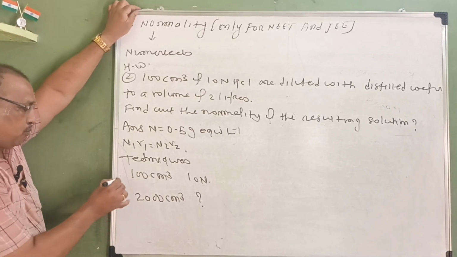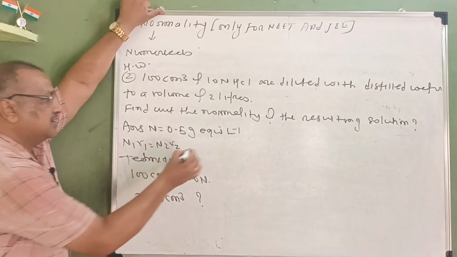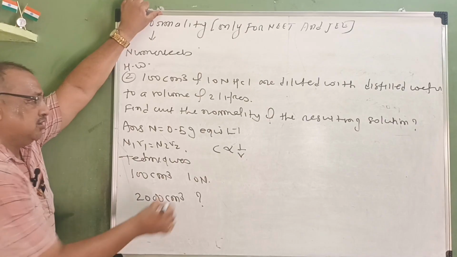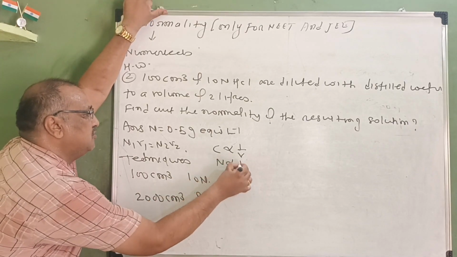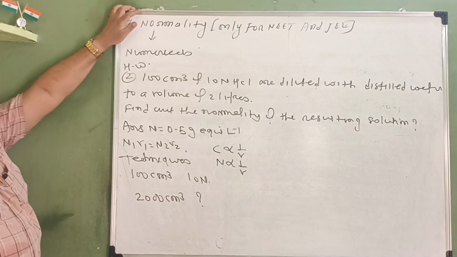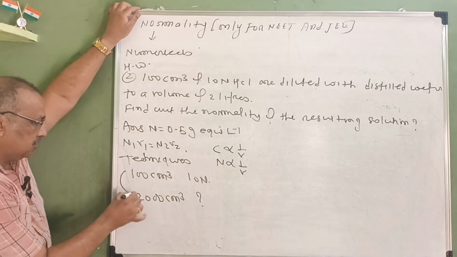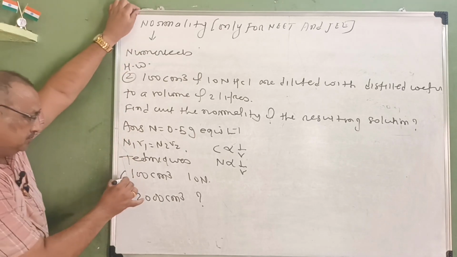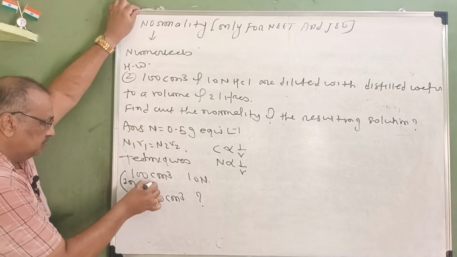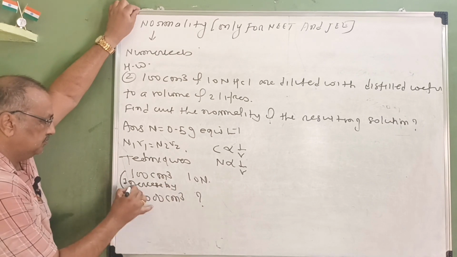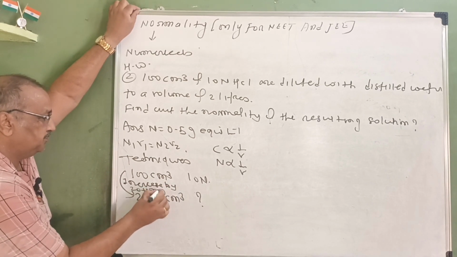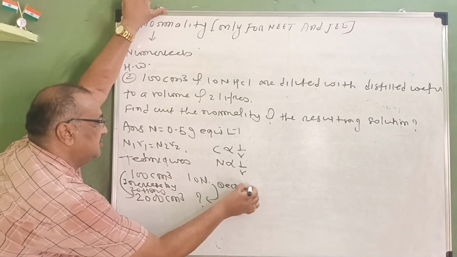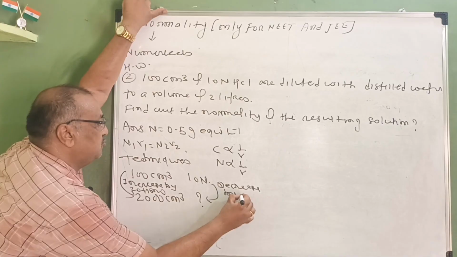Now here keep in mind the concept, that is concentration is inversely proportional to volume. That means normality is inversely proportional to the volume. Here volume is increased by 20 times. So normality is decreased by 20 times.